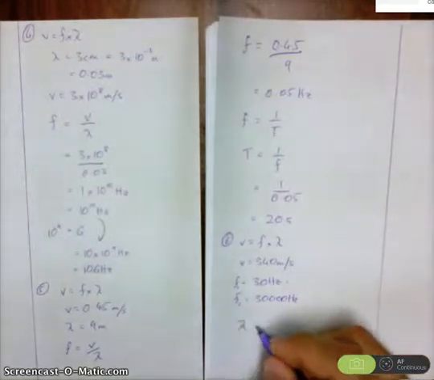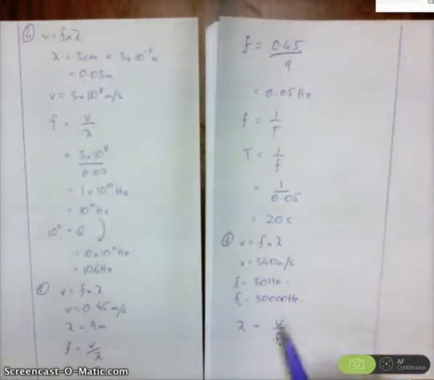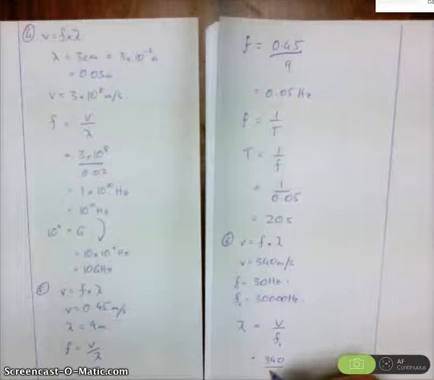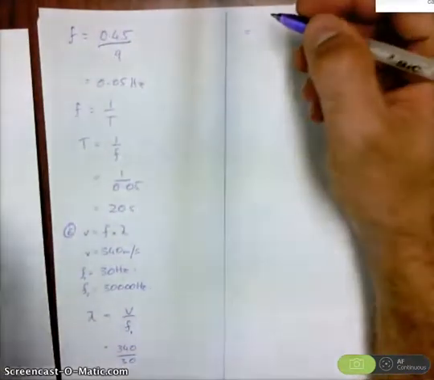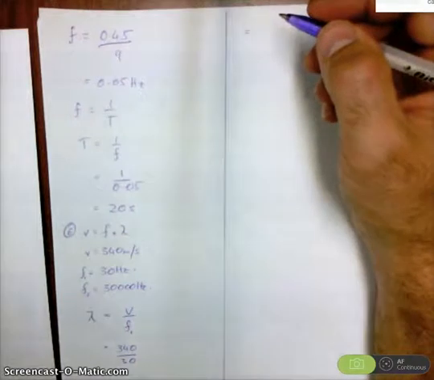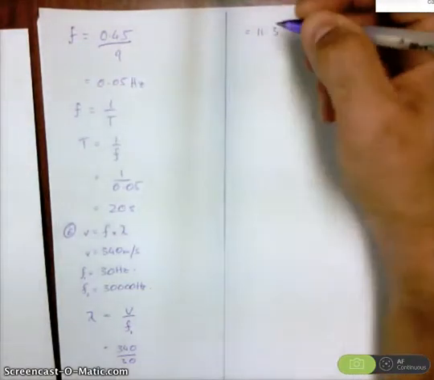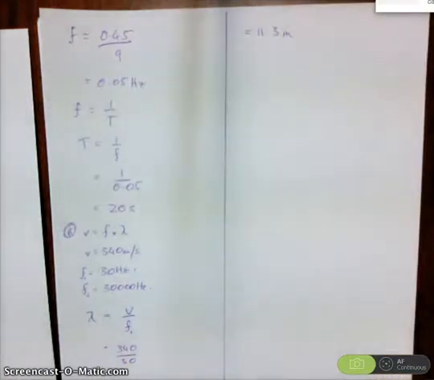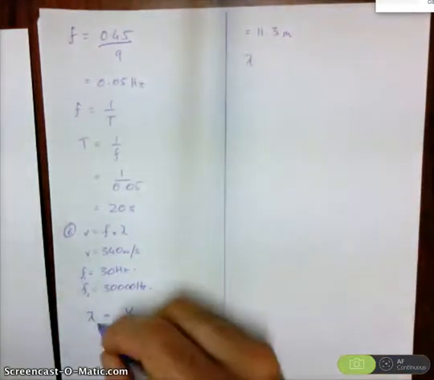So wavelength equals velocity divided by frequency. I'm just going to do frequency 1 for the first one, equals 340 divided by 30, which is equal to 11.3 meters. Okay. For the second one, so let's just call that wavelength 1.